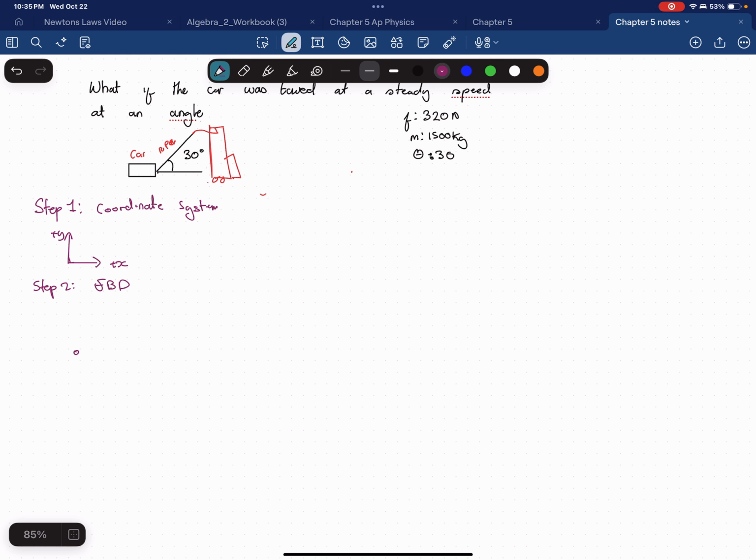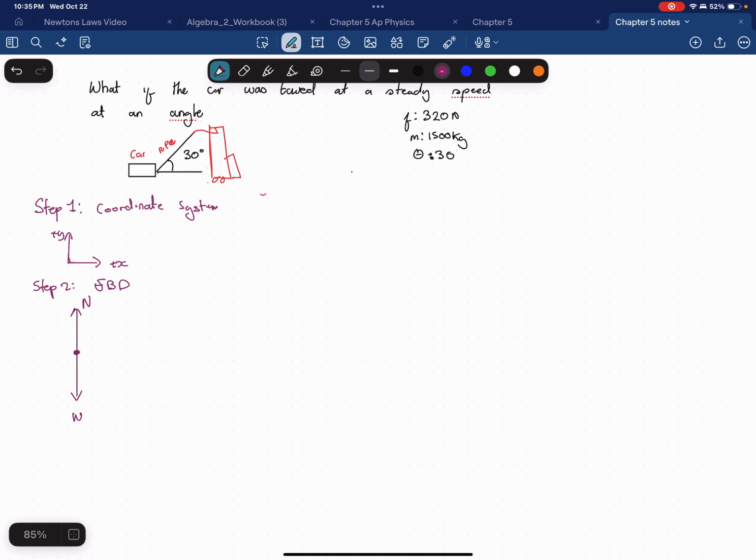Okay, I have a vector at an angle. So from there, I know I have two different components of the vector. My car is on the surface. So weight for sure, but because it's on the surface, it's going to have a normal force.